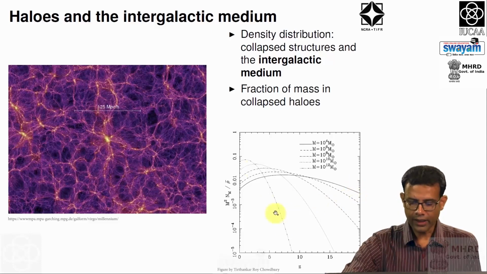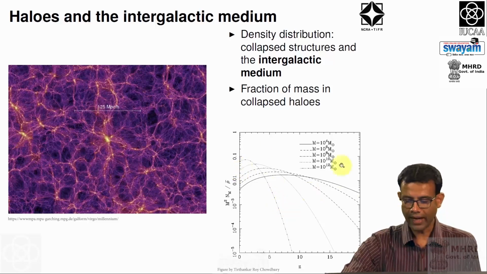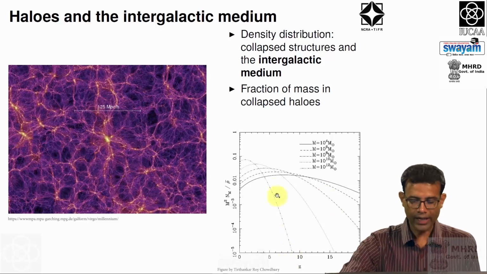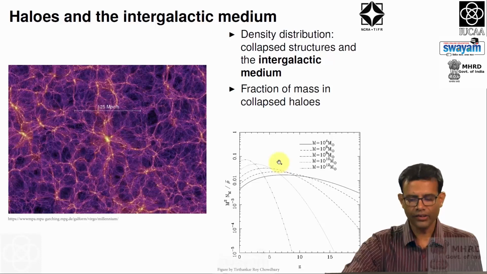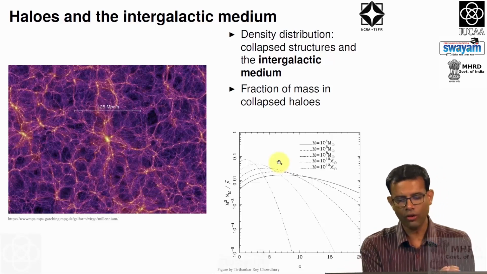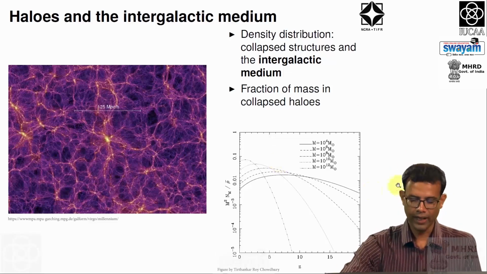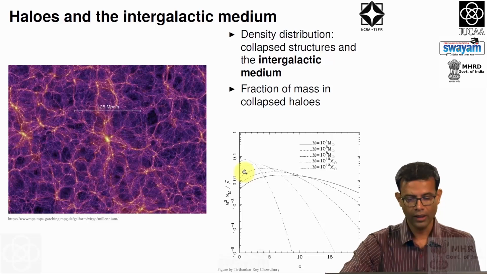Then at later times the heavier halos start to come into the picture. For example, at early times there is no mass in 10^12 solar mass halos, which is this line. But at lower redshifts the mass is dominated by these heavier halos. This is known as hierarchical structure formation, where small halos form first and they merge and form larger halos. So, at early times you have smaller halos, at later times you have larger halos.